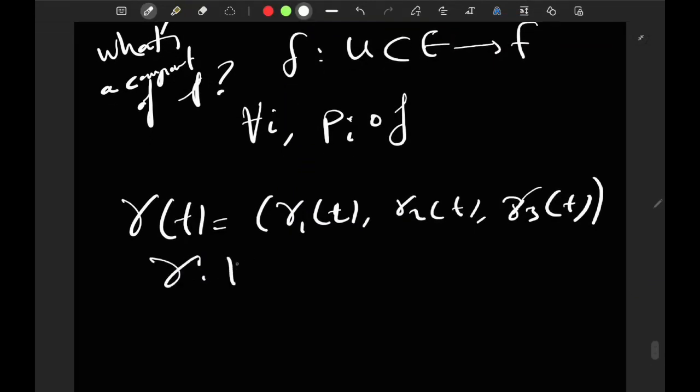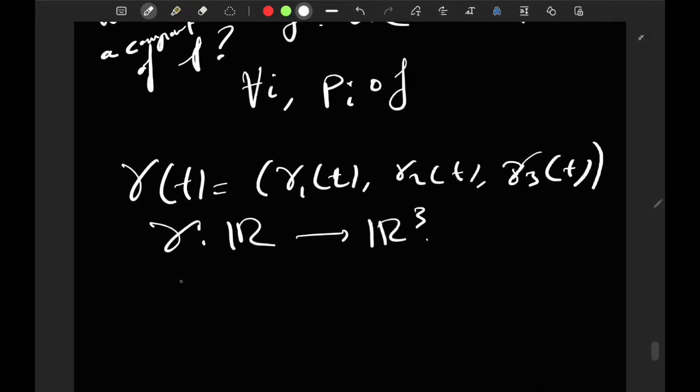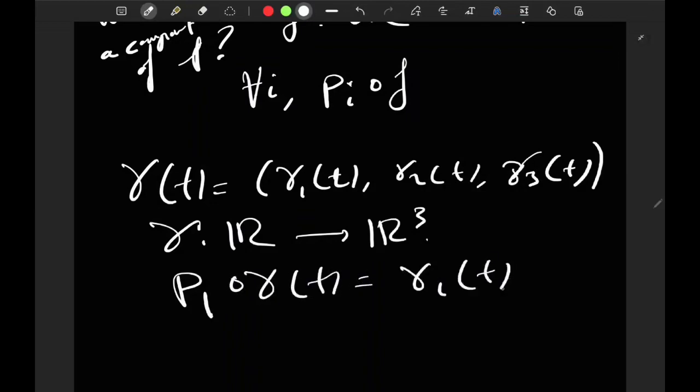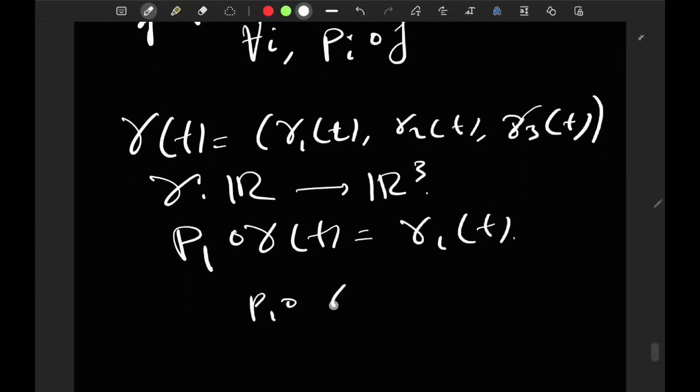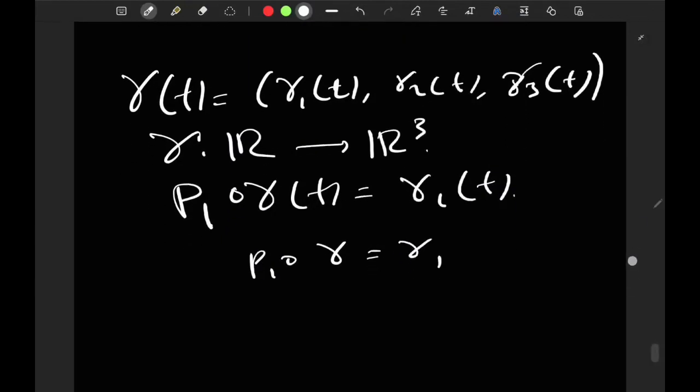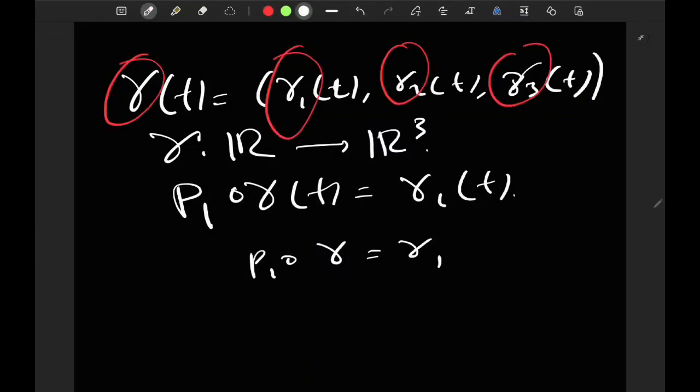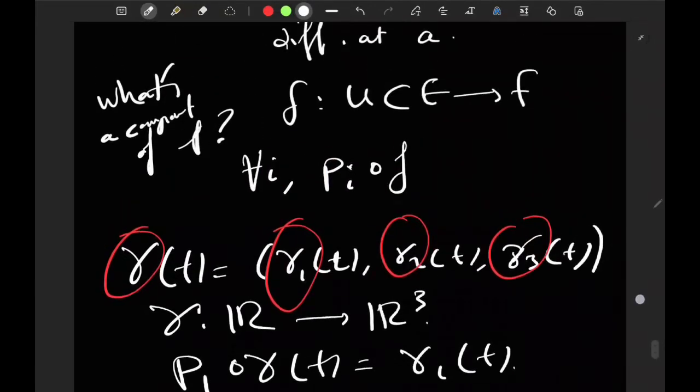So gamma goes from some subset of the reals into R3. The first projection, p_1 ∘ gamma of t, is just gamma1 of t. And we know that gamma is differentiable if and only if gamma1, gamma2, gamma3 are all differentiable. That's what we are talking about here.